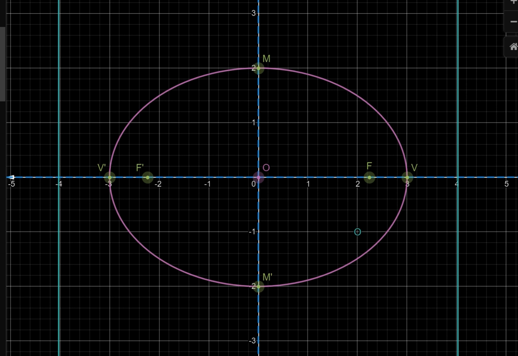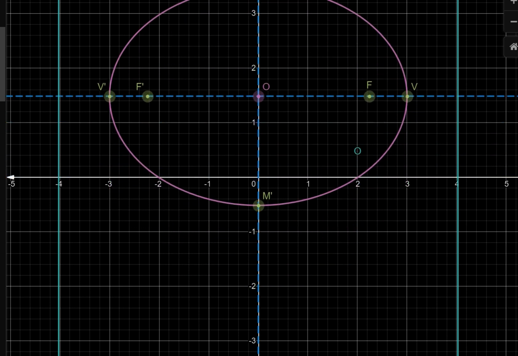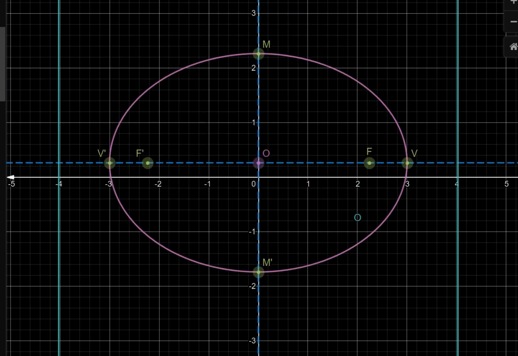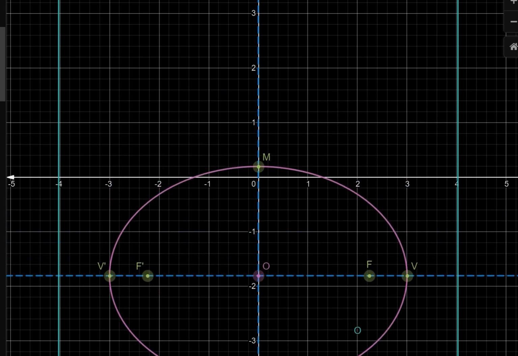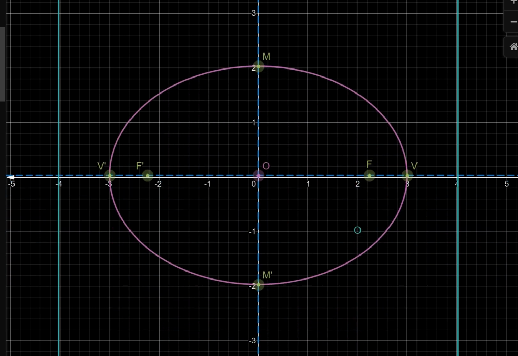Now we will explore what happens when the ellipse moves vertically. The value of k changes, right? So if k becomes positive, it goes up, and if k is negative, it comes down. The equation changes.